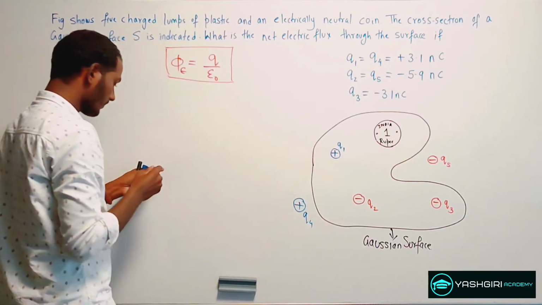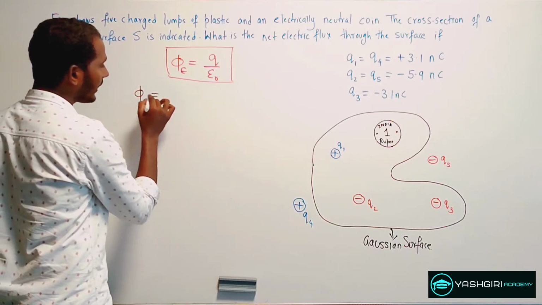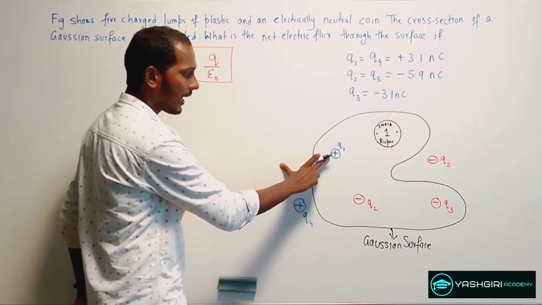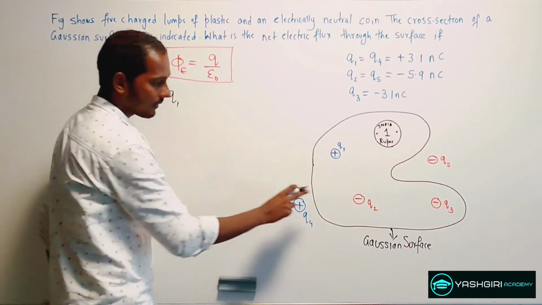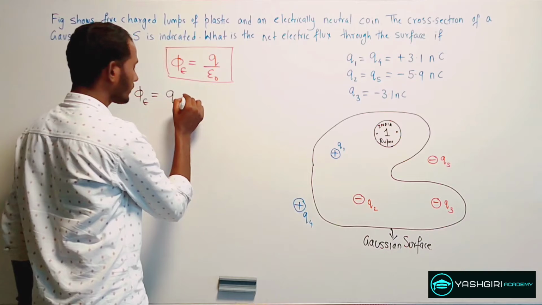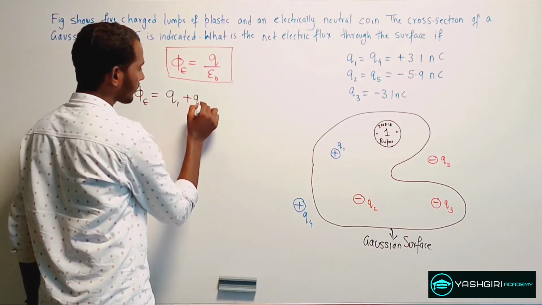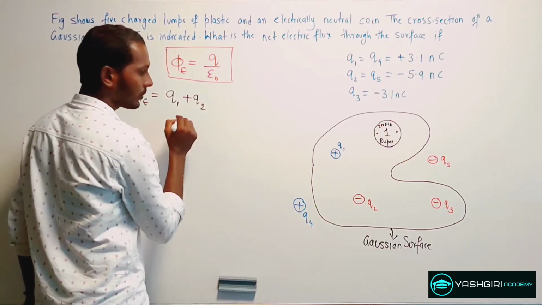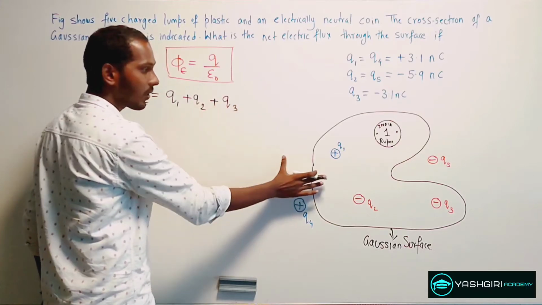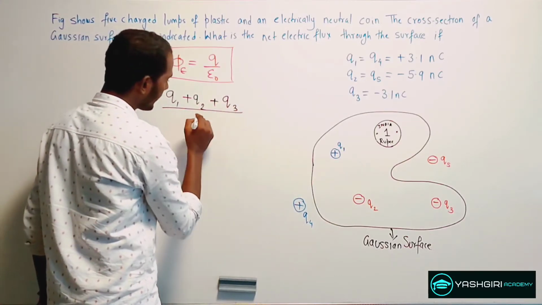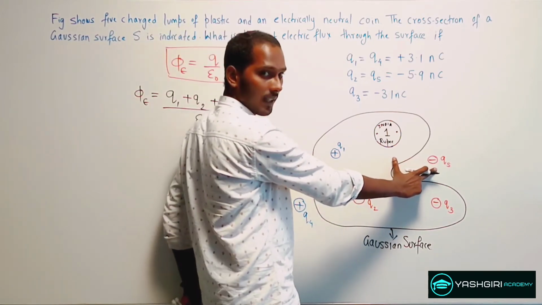So here in this case, the total flux, phi of E, will be equal to the charge Q1, which is inside the Gaussian surface, plus Q2 plus the charge Q3, which is inside this Gaussian surface, divided by epsilon naught, while the charges Q4 and Q5 are not taken up.